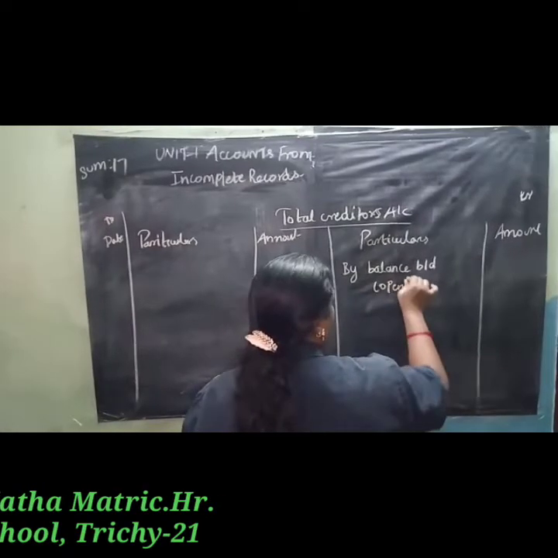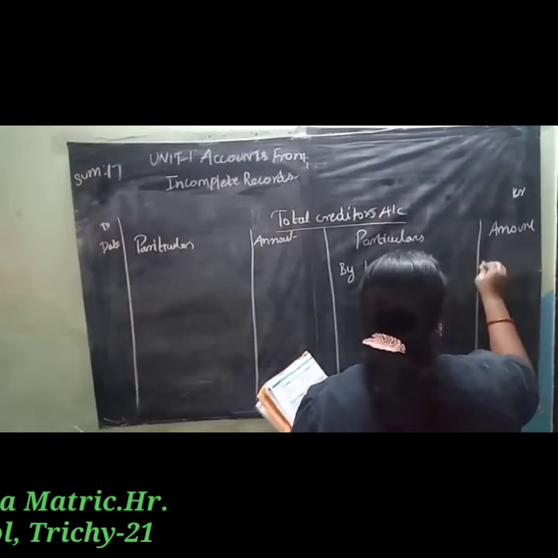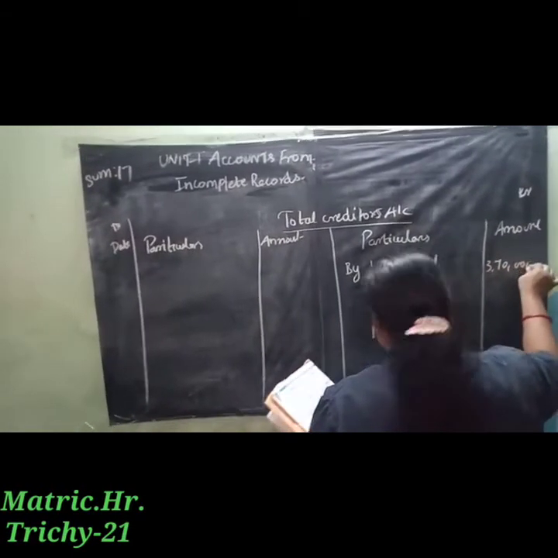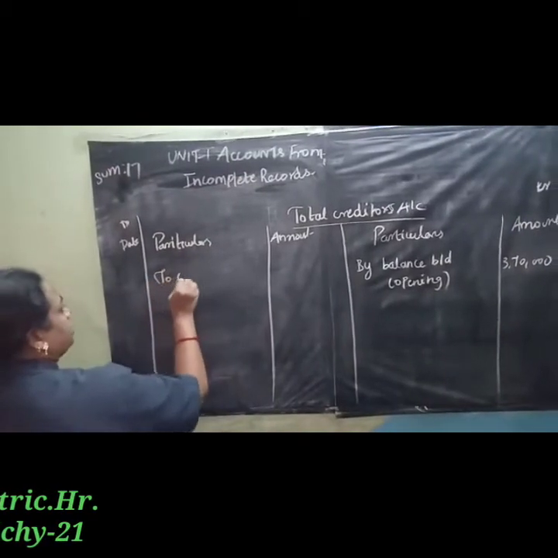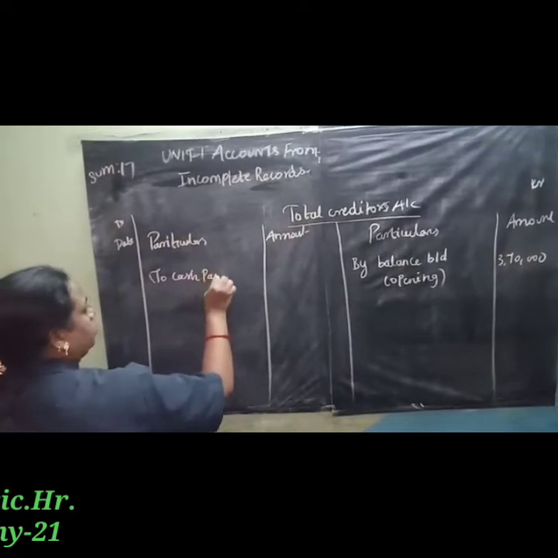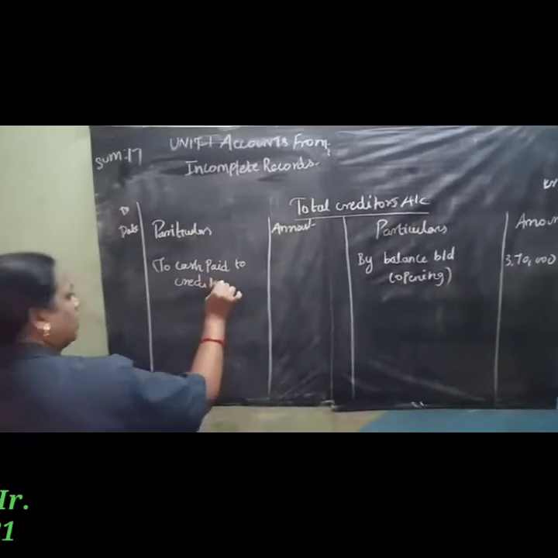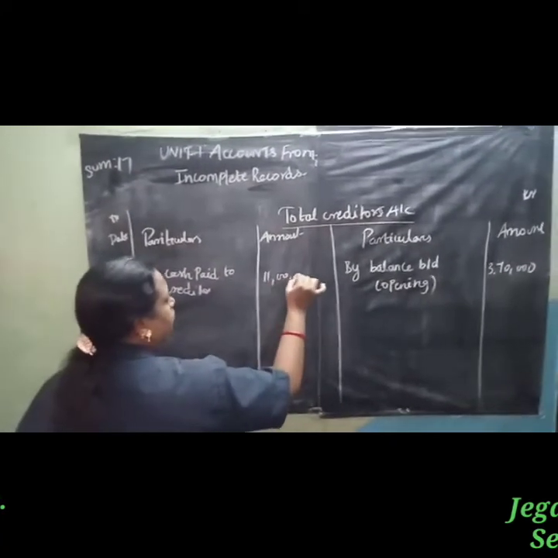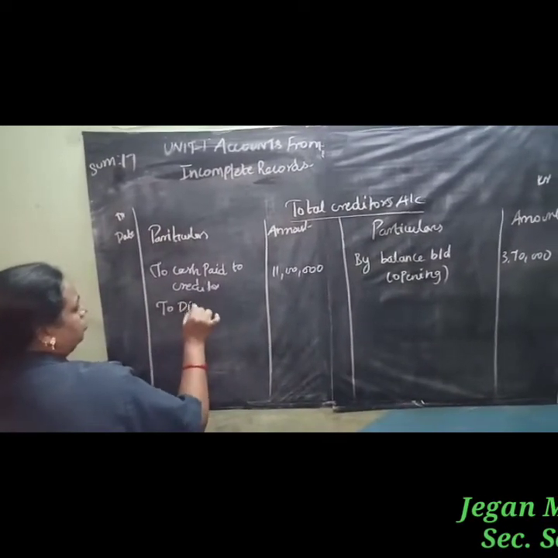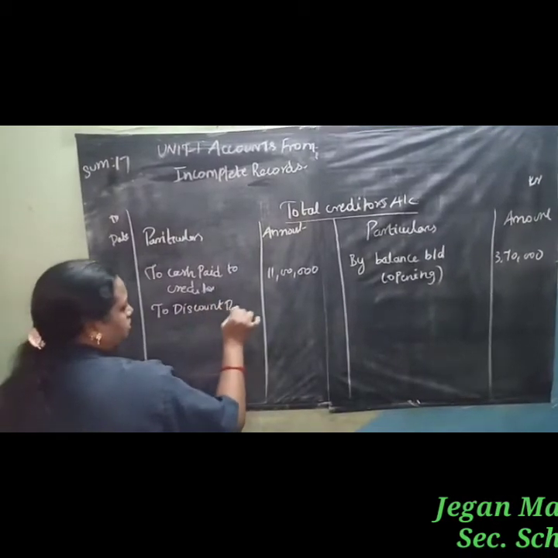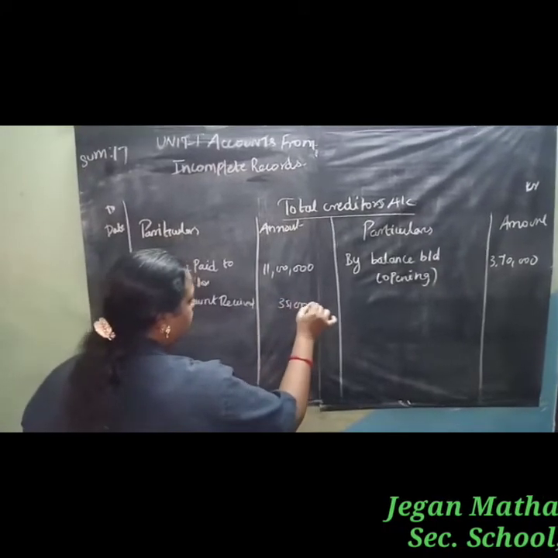The opening balance of creditor is 3,70,000. Next, cash paid to creditors, also given, 11 lakh. Then discount received, as given, 35,000.